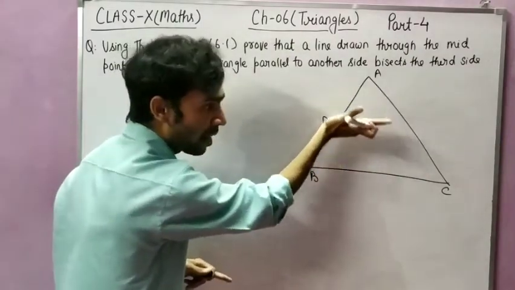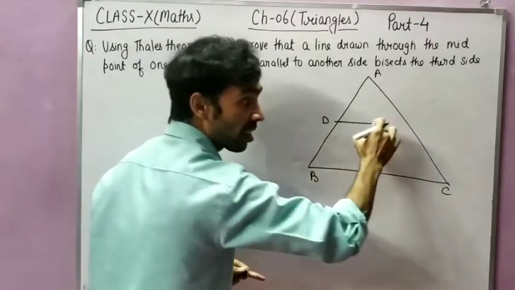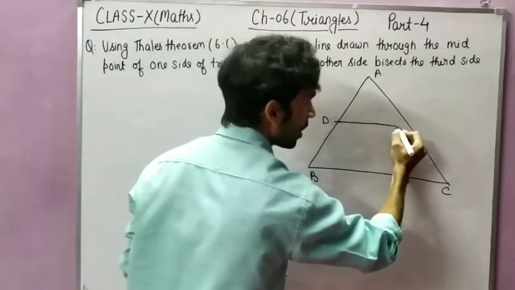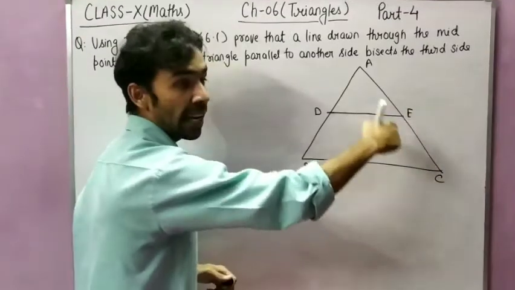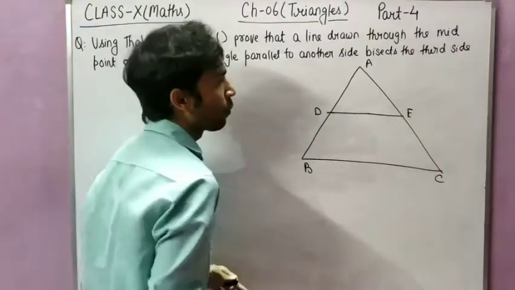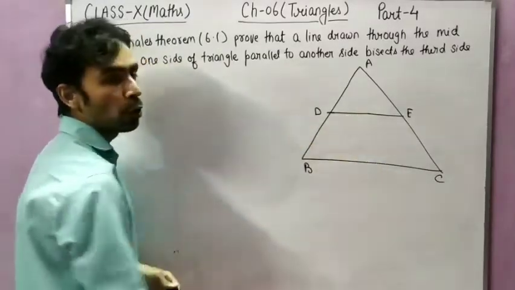This line, parallel to the other side, will bisect the third side, meaning when we draw it like this, it meets AC at point E. So we have to prove AE equal to EC.